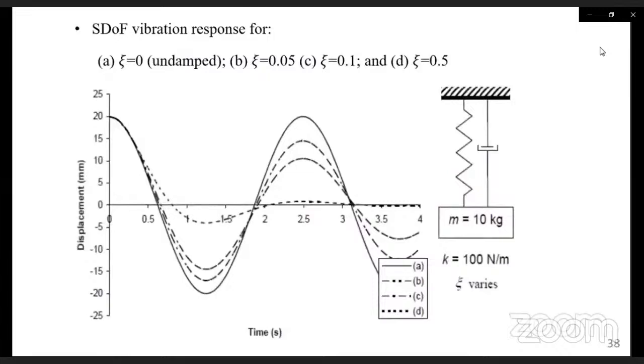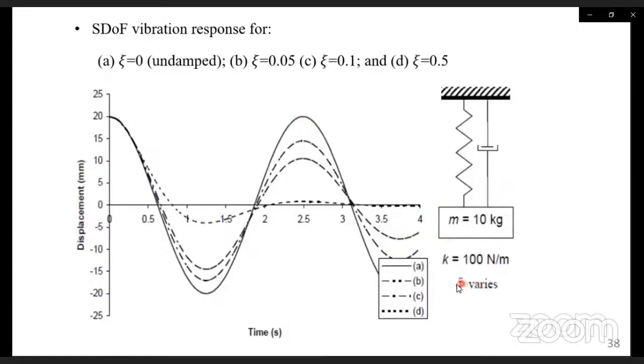for you to understand the difference between undamped and damped, we are just sketching here. For undamped, it means the damping ratio is equal to 0. There's no damping, right? So the continuous line is the motion, and you see the amplitude is the same. So if it's free and undamped, it continues forever, indefinitely.